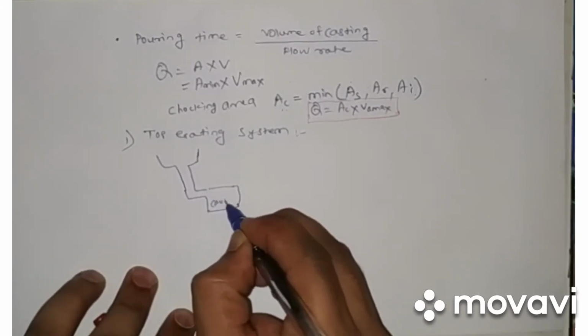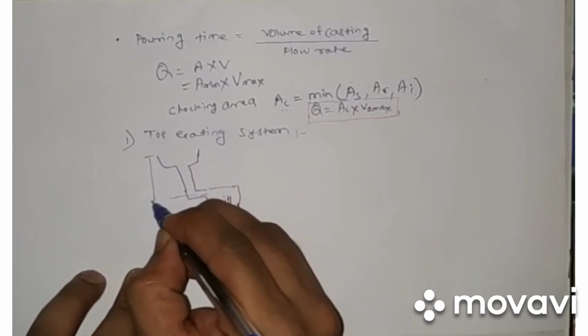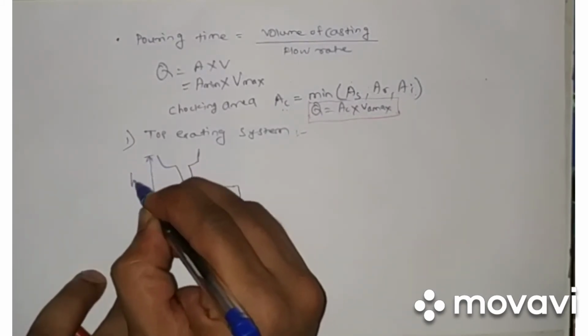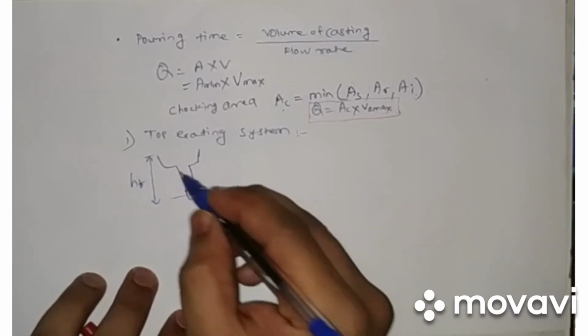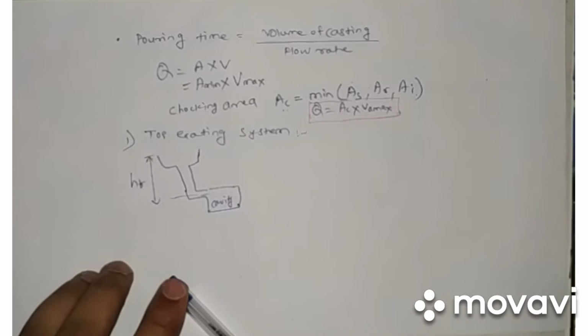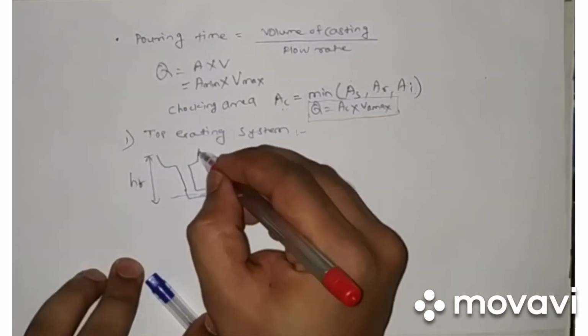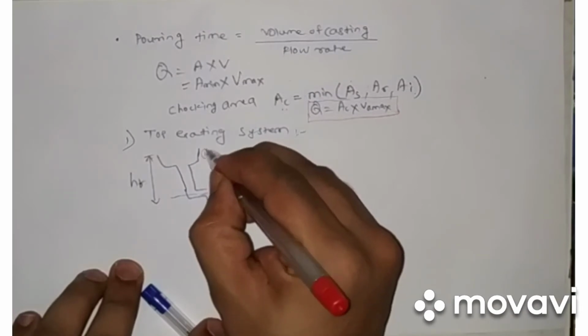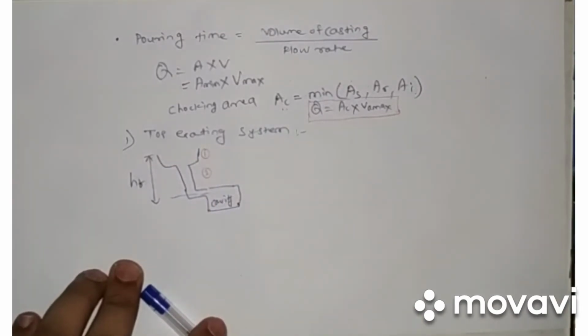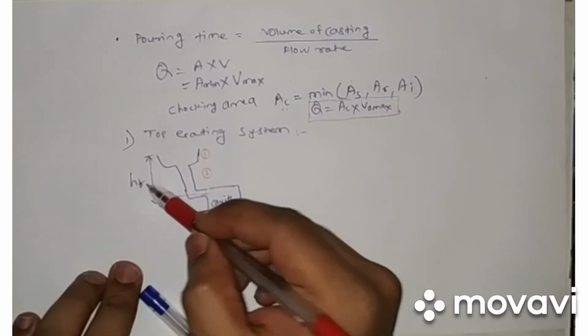Okay, so this is our cavity, and let's say this is our total height which is acting over this cavity, which is responsible for the velocity. Now this height is the total height, considering the pouring basin height plus the sprue height. So by combining these two heights we get HT.